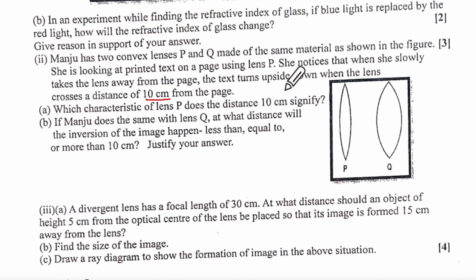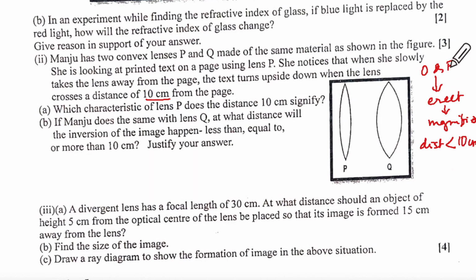Now remember, the upright image is formed when the object is between O and F, correct? Yes, ma'am. Then you'll get a magnified upright image, which means at a distance less than 10 centimeters.